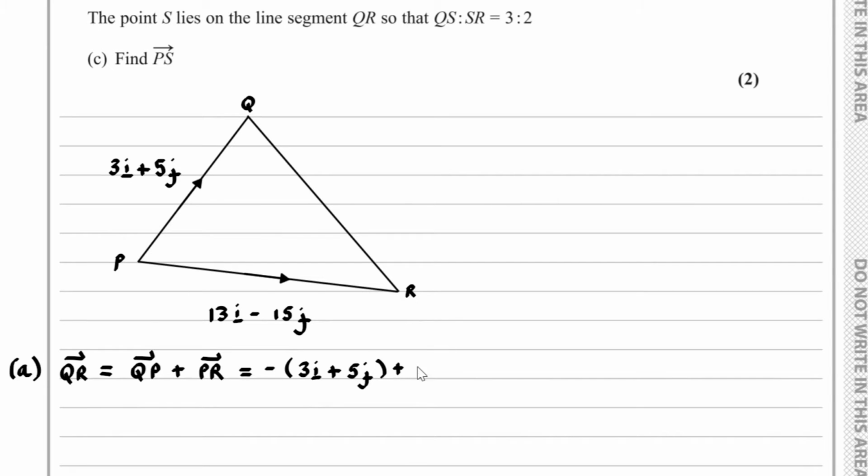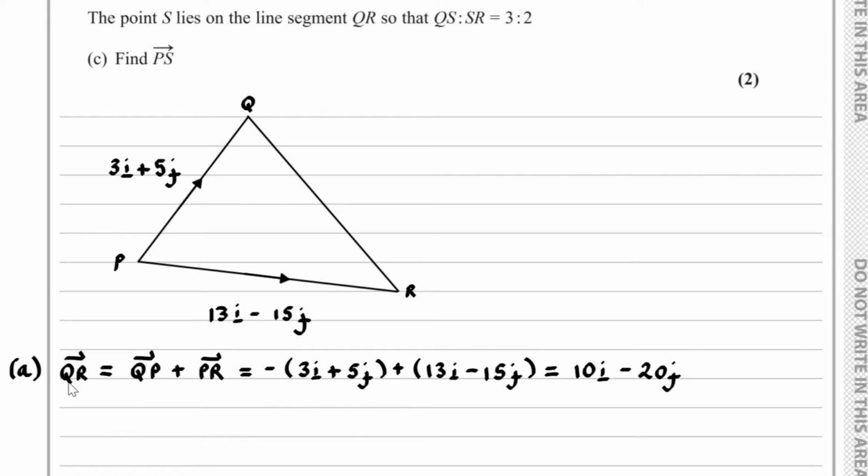and the vector PR, that's 13i subtract 15j. And if we work out what this is equal to, negative 3i plus 13i is 10i, negative 5j subtract 15j, that's negative 20j.